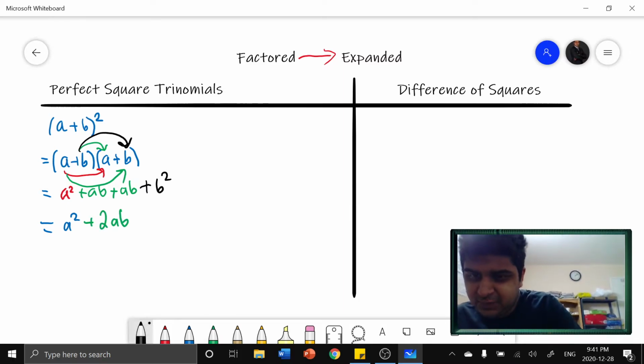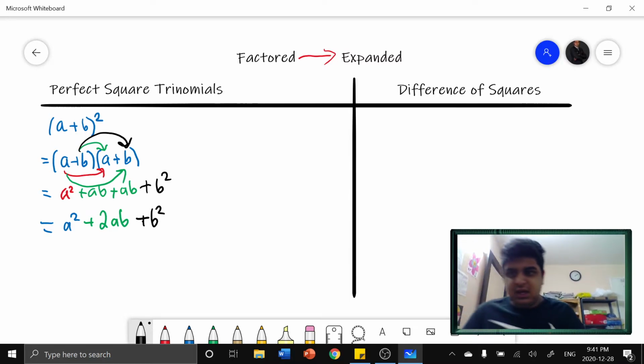And then at the end, we have plus b squared. And so this is exactly the first perfect square trinomial formula: (a + b) squared equals a squared plus 2ab plus b squared. You can see that here we have (a + b) squared, and here we have a squared plus 2ab plus b squared. So this is very important.